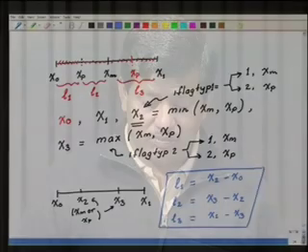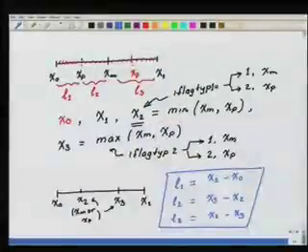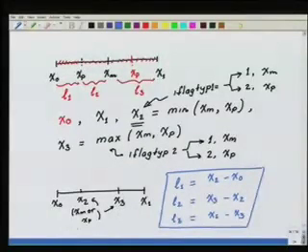If my point load does not exist and I only have a material transition, then I will get x2 is equal to xp, x3 is equal to x1. So I will get L1 is equal to x2 minus x0, L2 is x3 minus x2, which is perfectly fine, and L3 is equal to 0. So I will get only the two partitions as such.